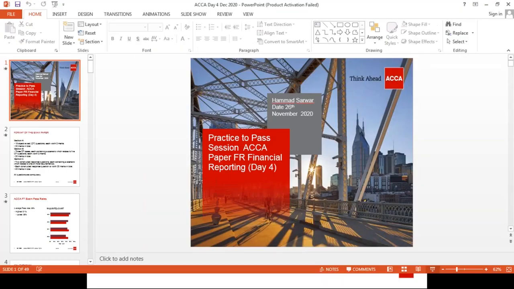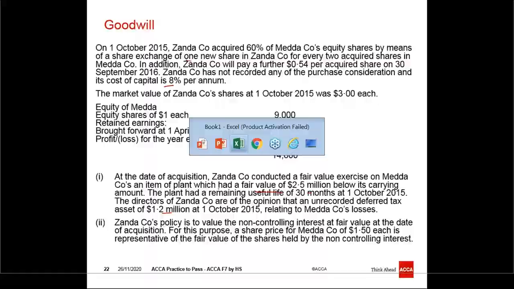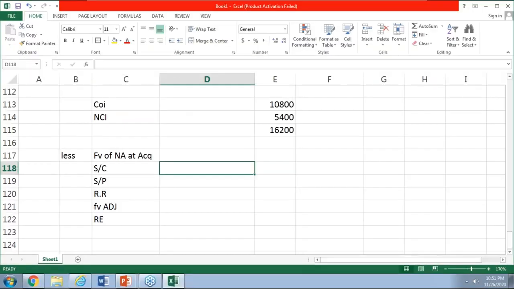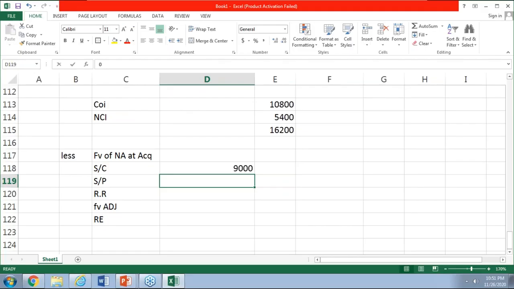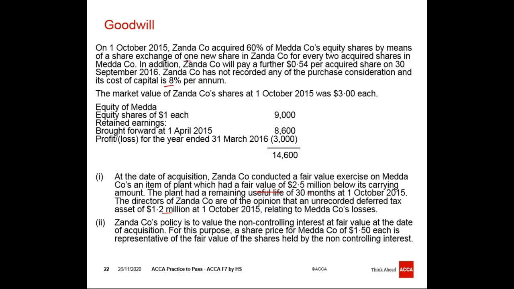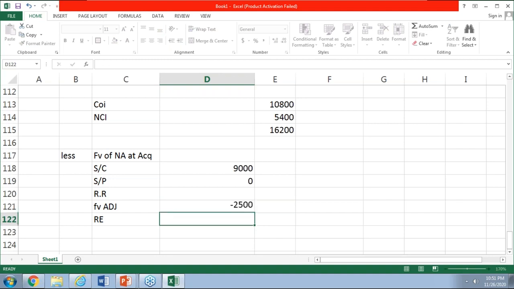Now, what is the share capital of the subsidiary? Zenda acquired Meta. The market value of Zenda equity share of the Meta, it's 9,000, the share capital. We don't have any balance in the share premium account. There is a downward revaluation, fair valuation adjustment of 2,500.